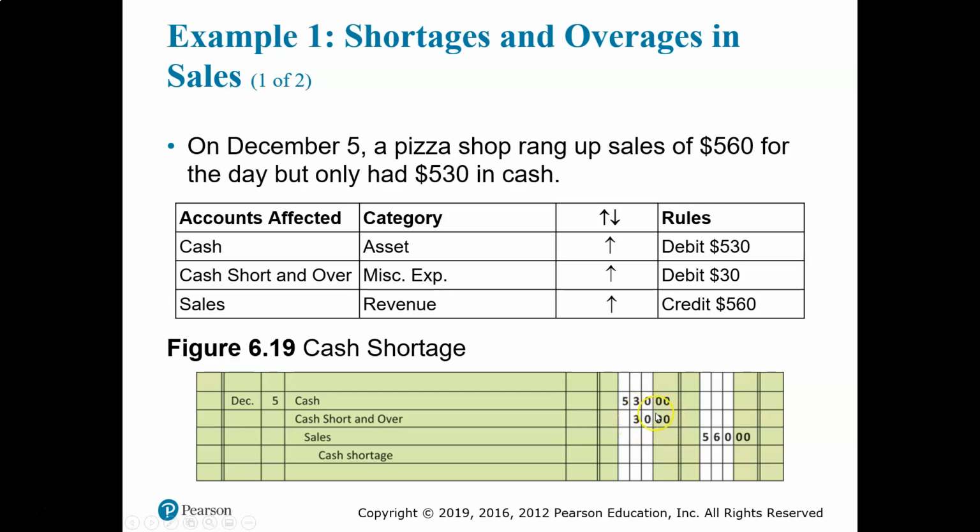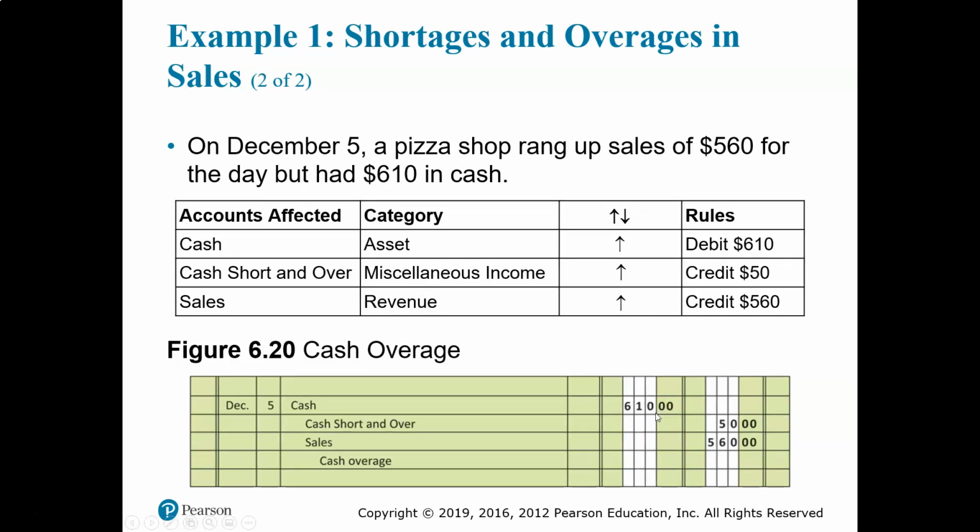So you have to record an expense. Okay, what if a pizza shop rang up sales of $560 but only had $610 in cash? Then we have an overage because we collected too much money, so we have additional income. So cash short and over would go to your miscellaneous income account.